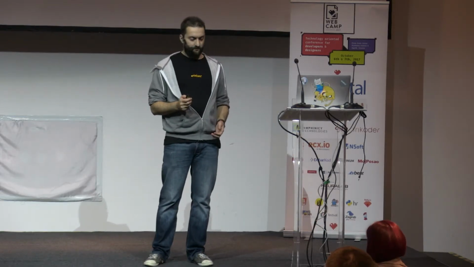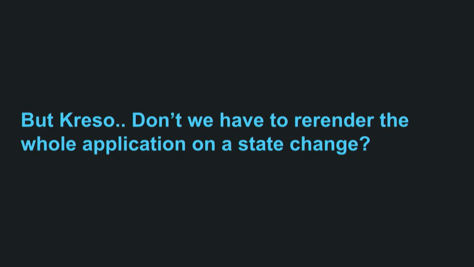So, from what I showed you now, we kind of implemented React, right? We have all the building blocks, elements, etc. But there's one big problem. But Kreso, how do you get state updates? Don't you have to re-render the whole application, the whole HTML there? Yes, you do.